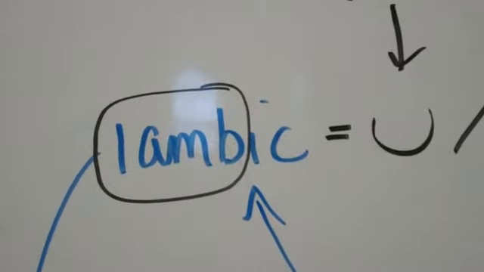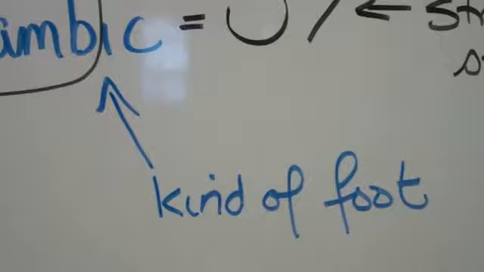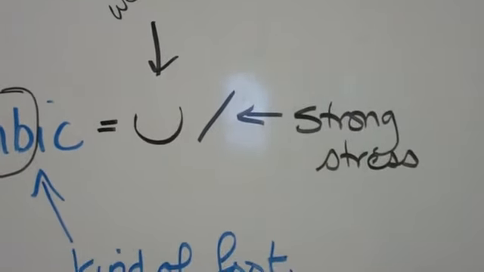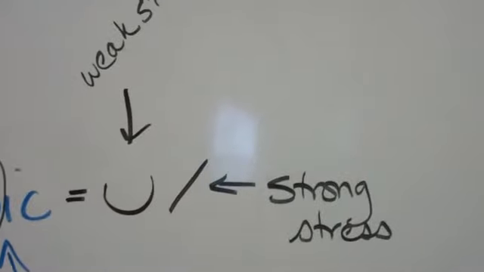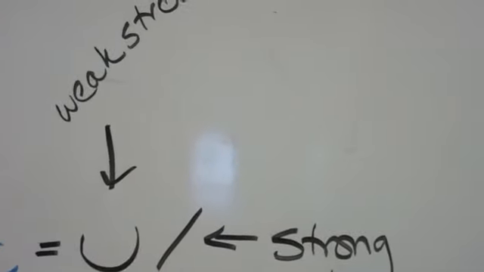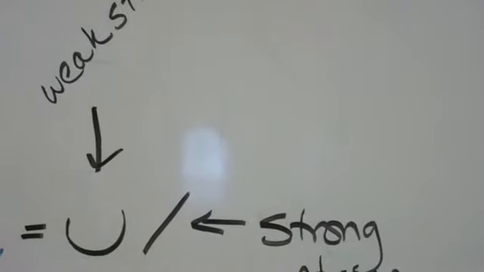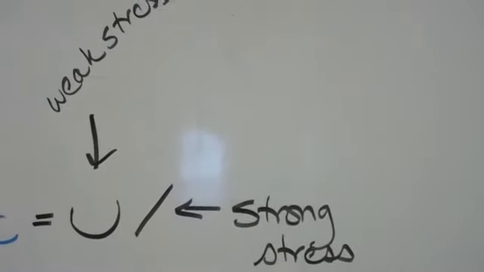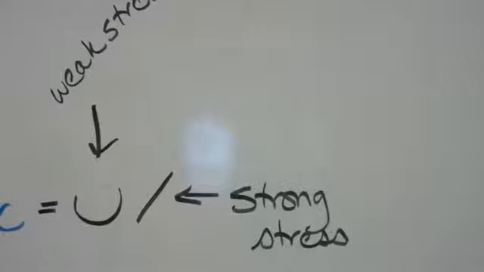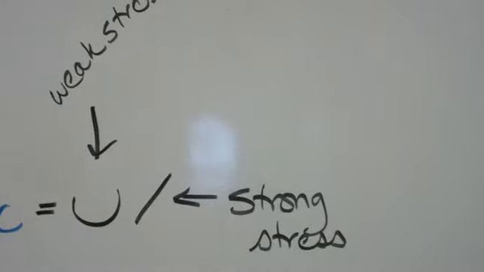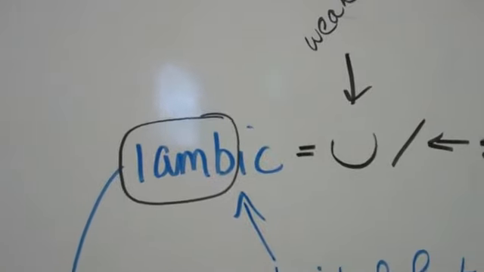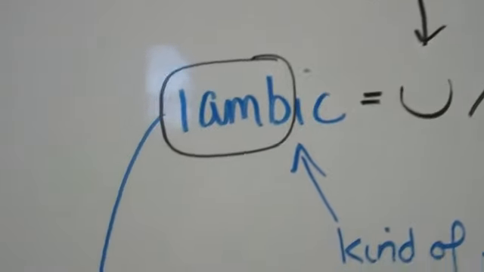So it's an iamb, that's the kind of foot, and an iamb is a weak stress followed by a strong stress. You notice that sort of smiley face is usually how a weak stress is going to be identified, whereas that stronger slash is for a strong stress. So that's weak, strong. That's an iamb. So that's the kind of foot.